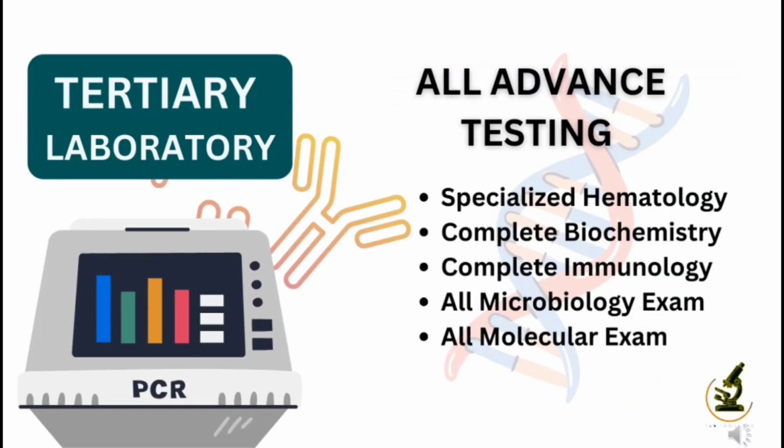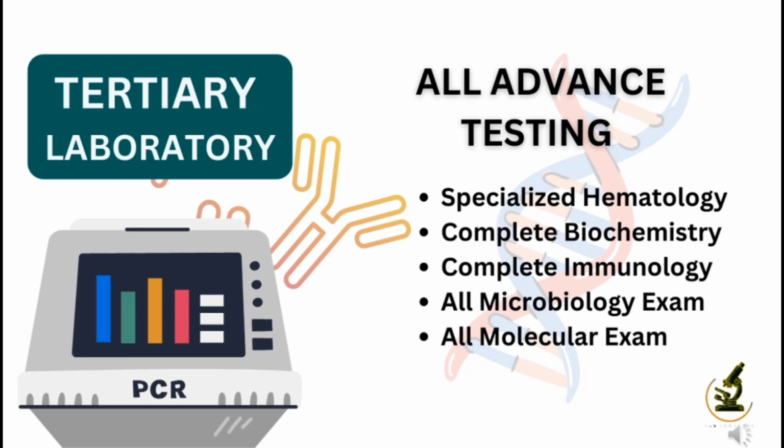Another category of diagnostic laboratory is the tertiary laboratory. A tertiary laboratory is a more advanced lab in which all hematological testing is performed, like diagnosis of leukemias and blood cancers, bone marrow investigations or electrophoresis, etc., and then complete biochemistry.